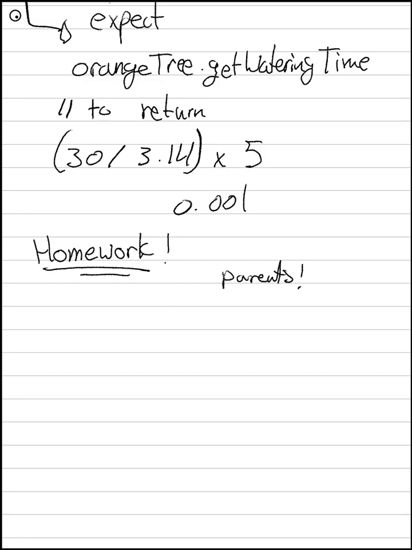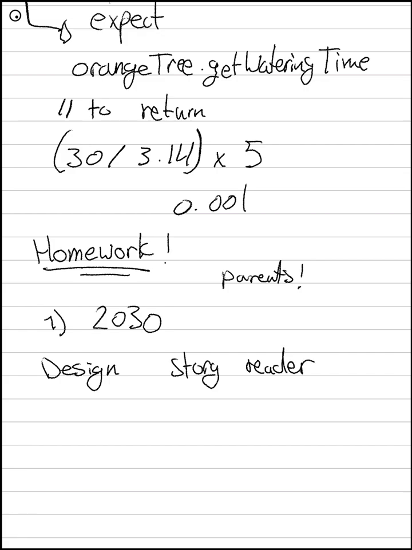All right. So the first problem I have is, imagine that you're in year 2030, so not that long from now, and books can now read themselves to kids. So parents don't need to read books to kids anymore. You want to design a story reader script that will start with a greeting.